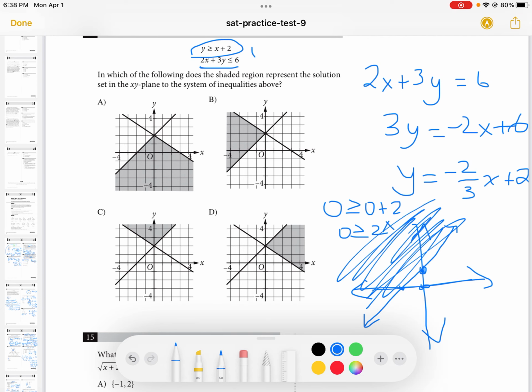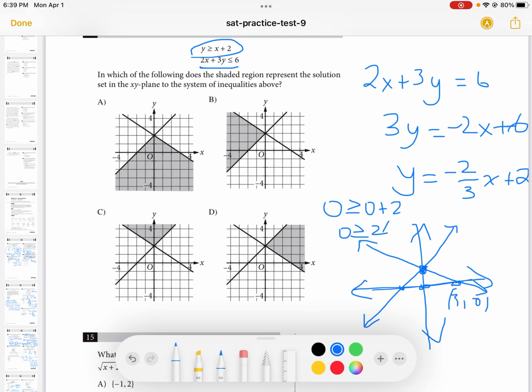Now, the second one, graphed, let me clear up that mess, would be y equals negative 2/3 x plus 2. So it'll look something like this, just like that, with our intercept here being at 3, 0.